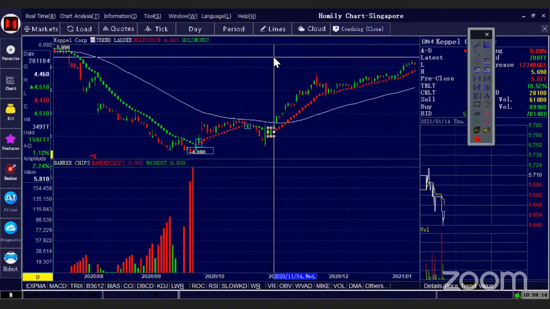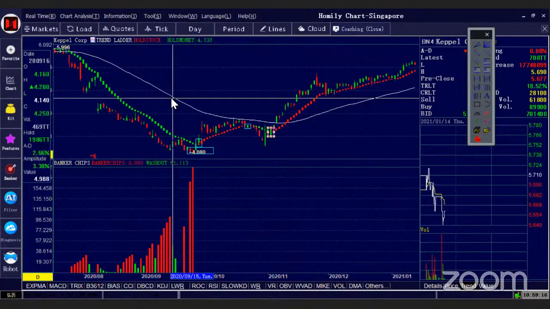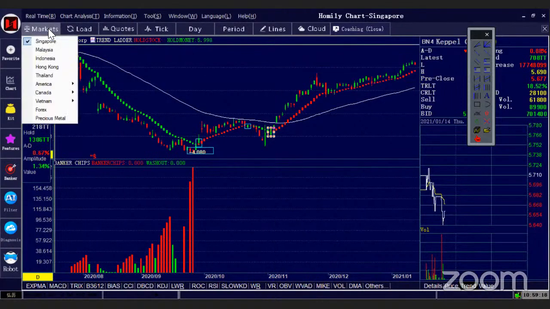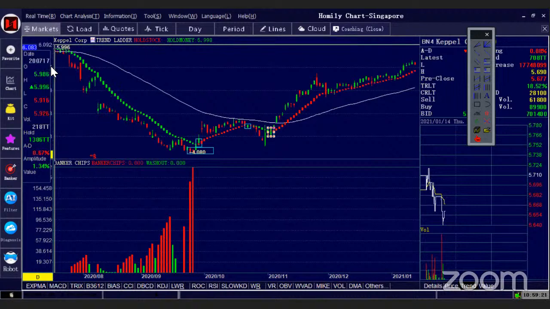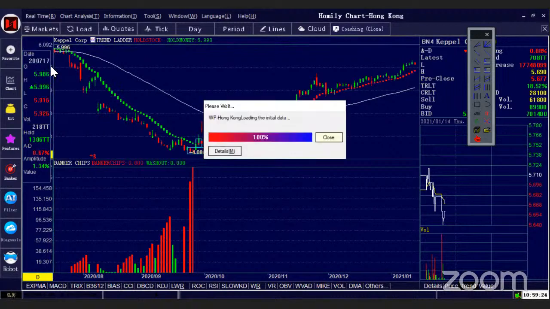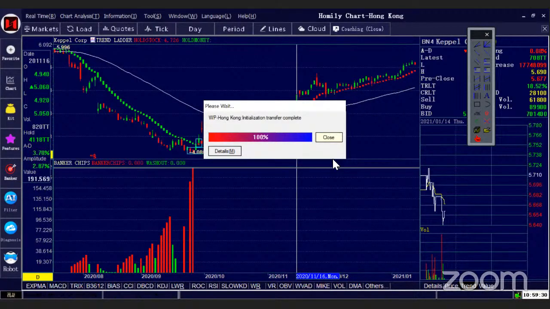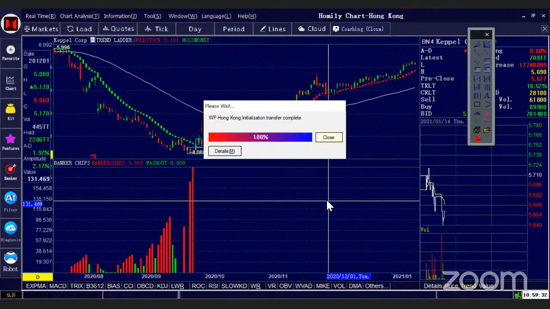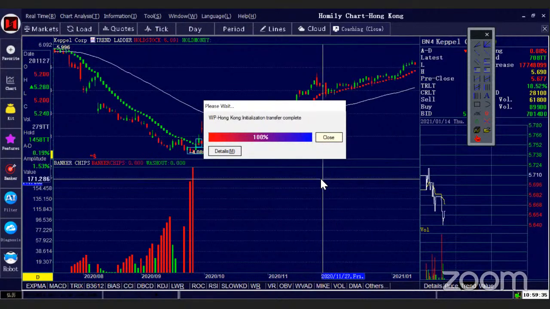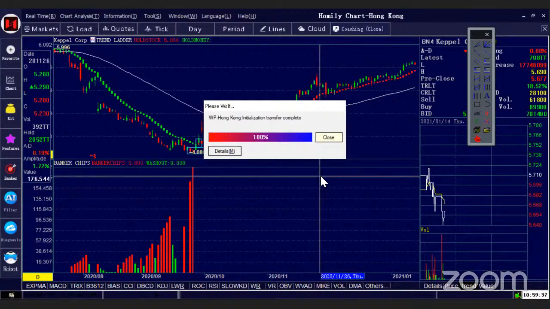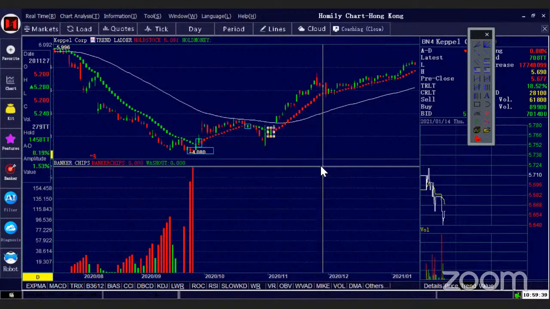This method doesn't work only for Singapore markets, it works for any market. Let's say for Hong Kong, we can check several Hong Kong cases. It's still changing to the Hong Kong market. Just give it a moment to change market, all right?